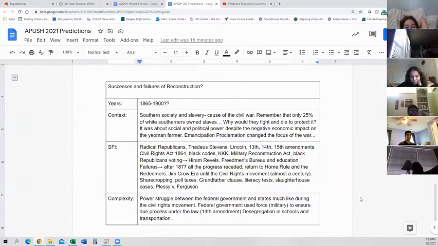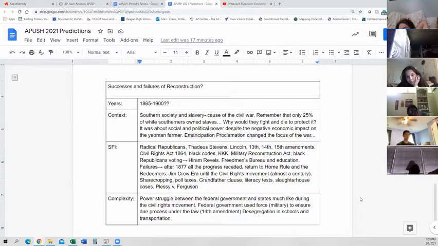We need to come back together. And in particular, the radical Republicans' number one focus was, what are we going to do with the freed African Americans who have been enslaved for centuries and have nothing? And how do we as the federal government protect them?